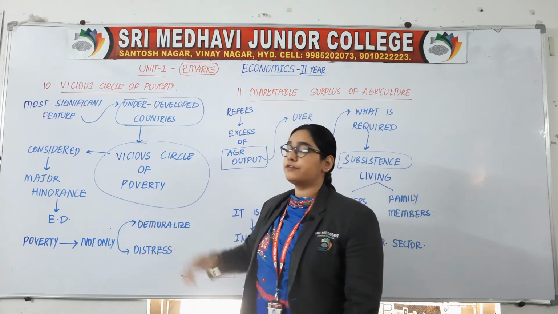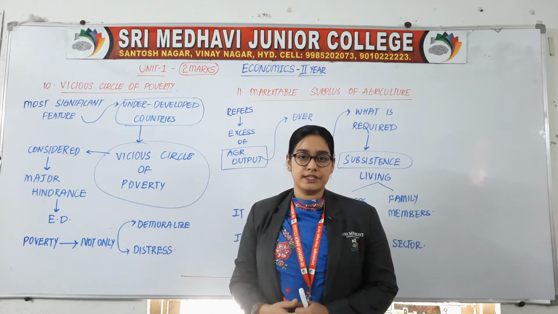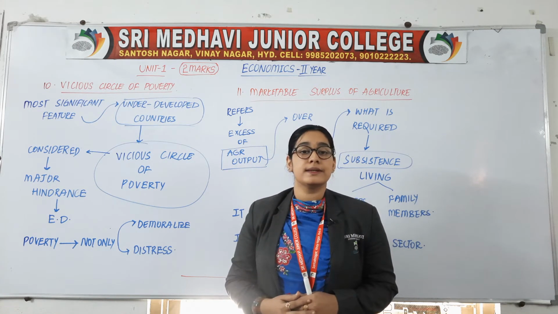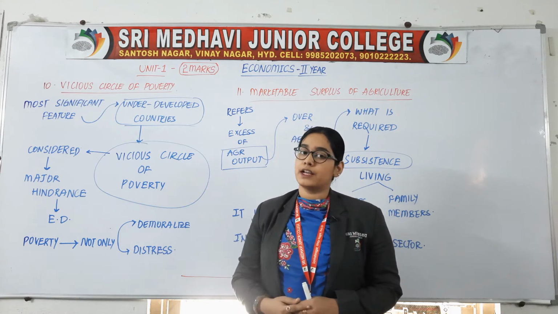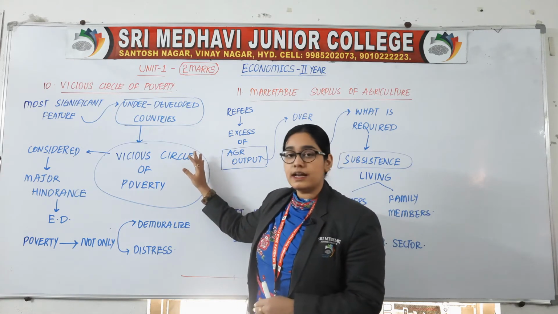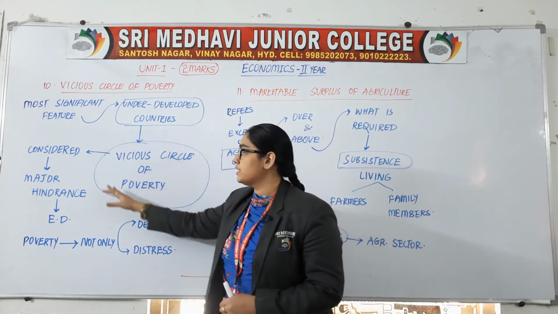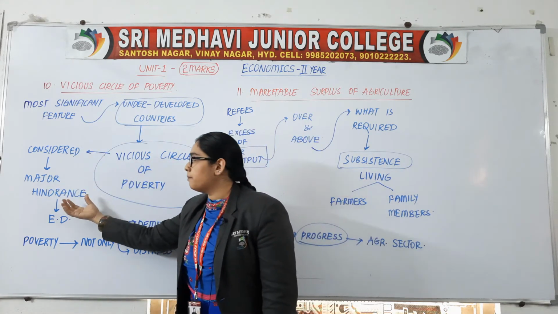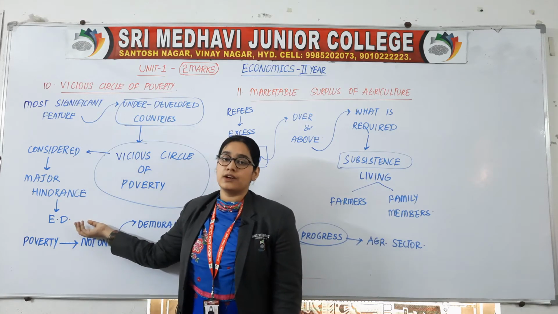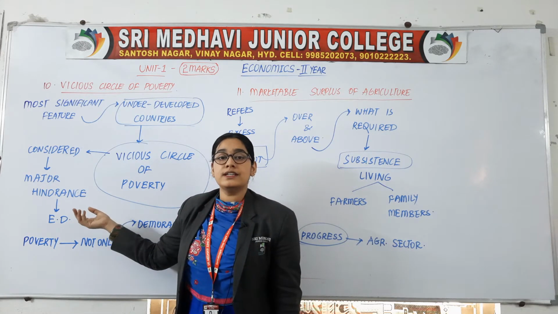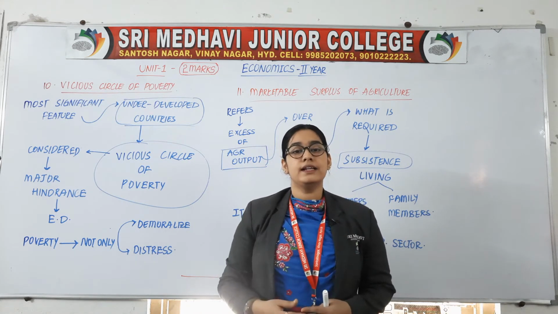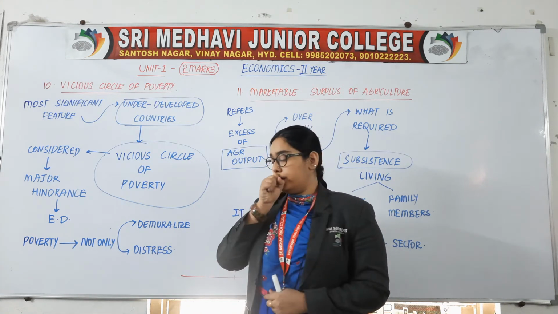Means poverty is found in developed countries, developing countries or underdeveloped countries? In underdeveloped countries. So in underdeveloped countries, vicious circle of poverty is considered to be a major hindrance in economic development. Hindrance means hurdle, obstacle, the meanings are same.